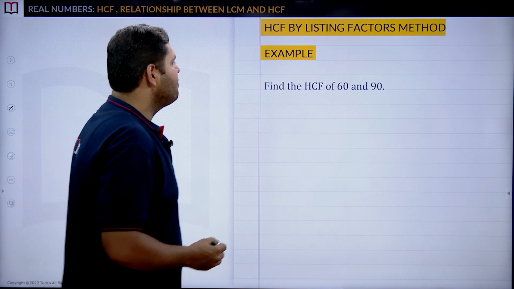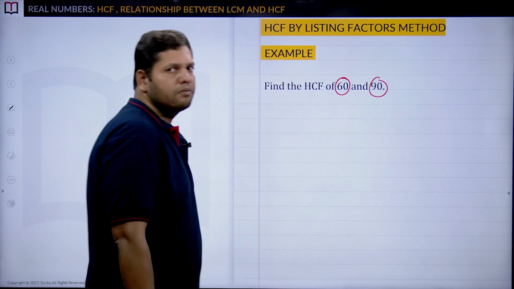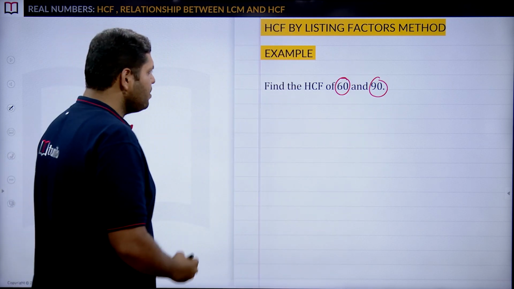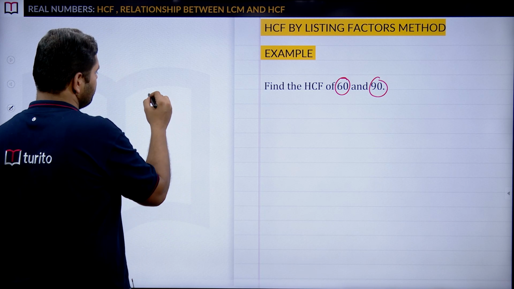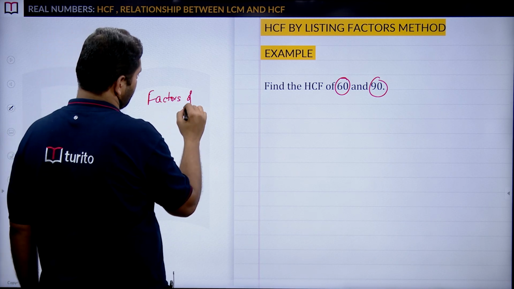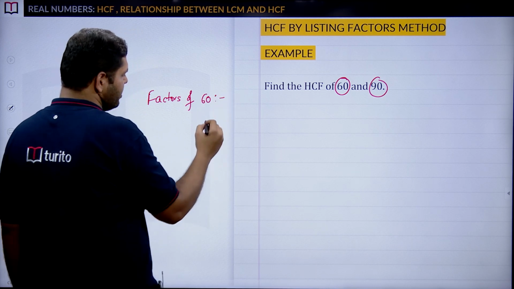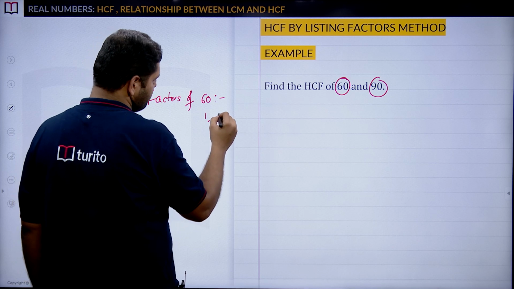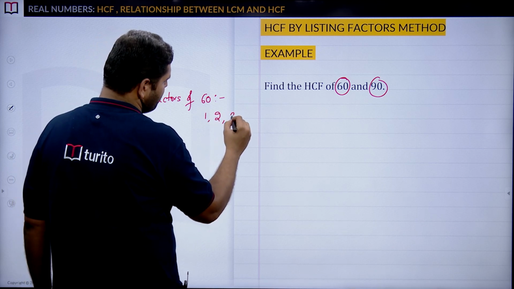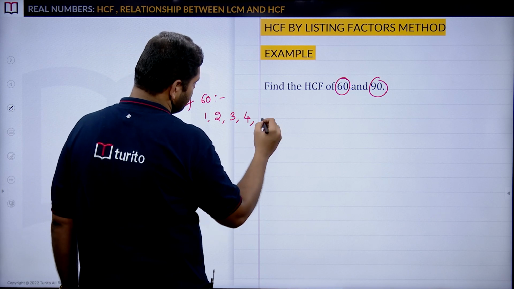I want to find the HCF of 60 and 90. First method. Now, I am writing all the factors of 60, children. Tell me, children. So I can say 1 is a factor, 2 is a factor, 3 is a factor, 4 is a factor.